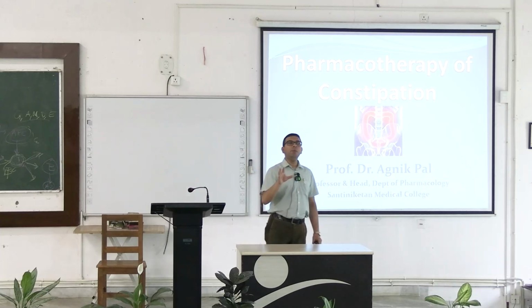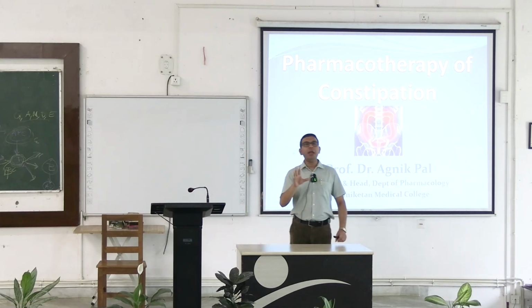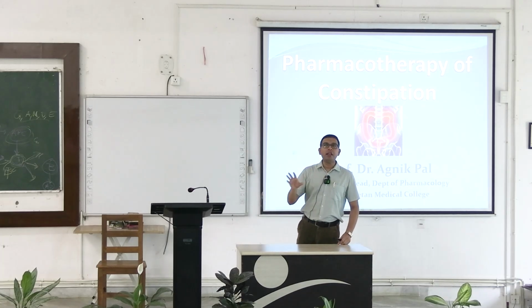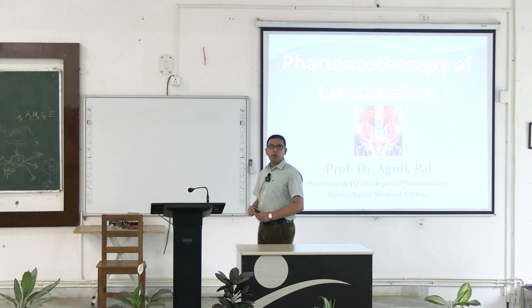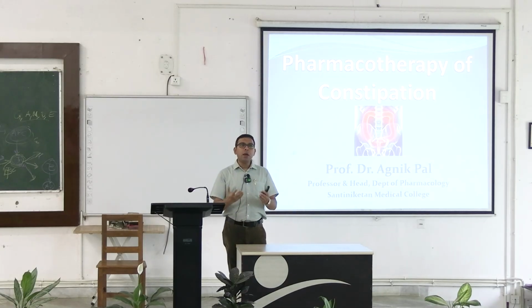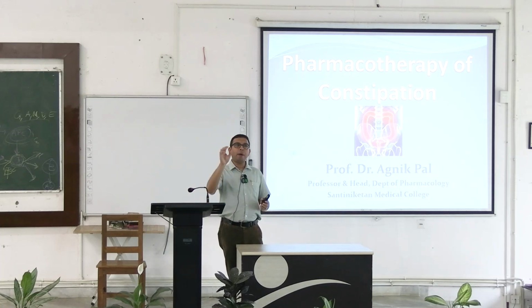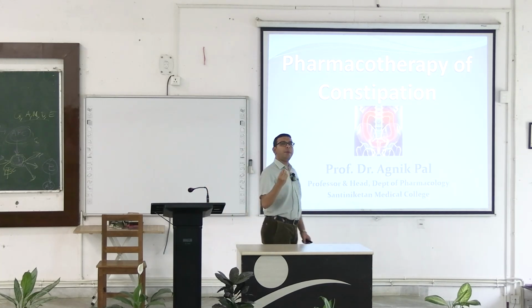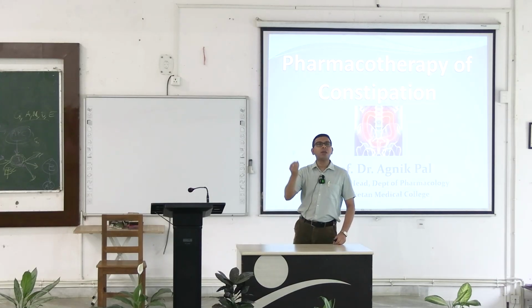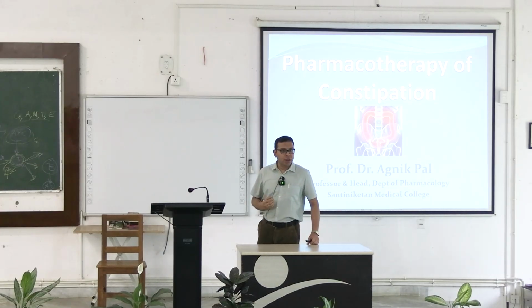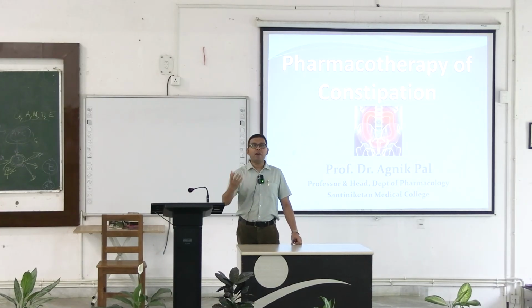Most commonly soluble dietary fibers are very beneficial for the management of constipation. Now these dietary fibers may come from the diet, or we can supplement them by means of some drugs. Dietary fiber is commonly present in fruits, nuts, seeds, whole grains, etc. So the patient is to be advised to take these types of foods more.